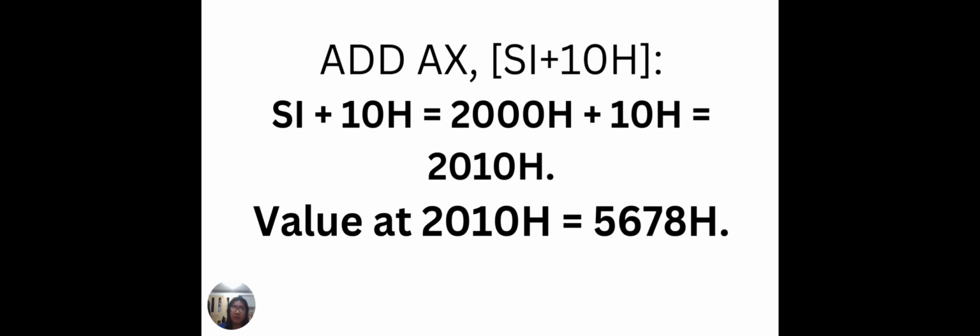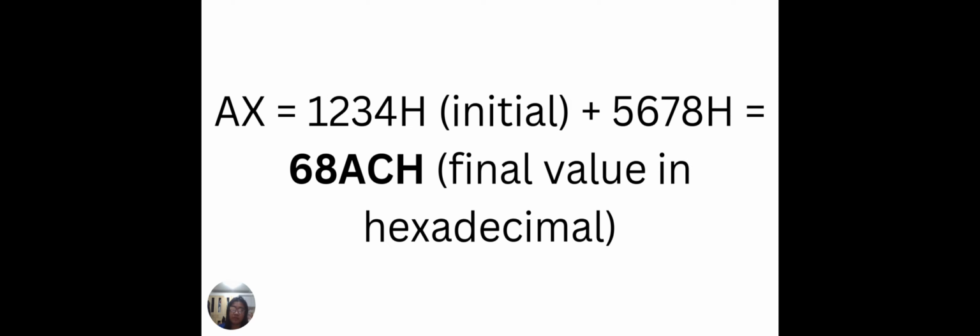Here, SI is 2000H. We add 10H, which gives us the effective address 2010H. The value of memory location 2010H is 5678H, which is in the question earlier. So AX is updated with AX plus 5678H.